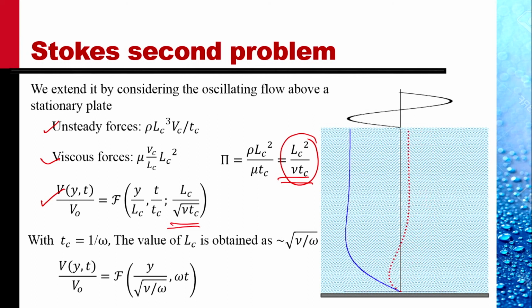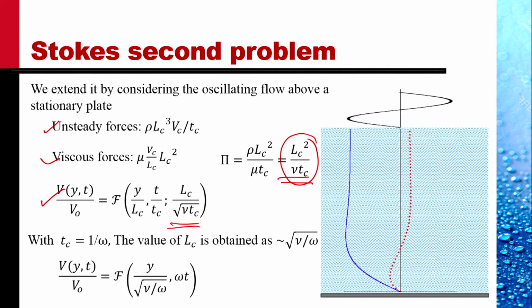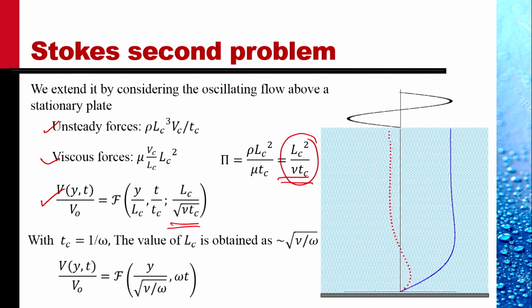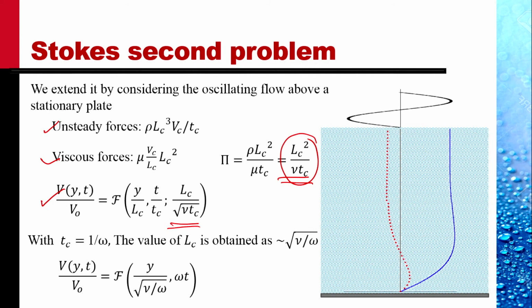This is how the velocity profile and the particle motion would look in this case. The blue line again is the velocity profile.